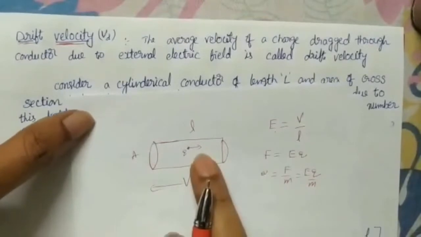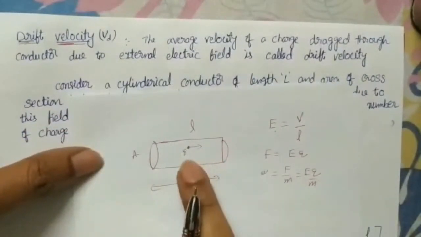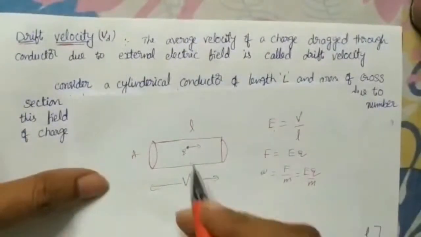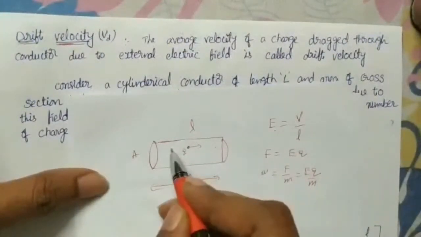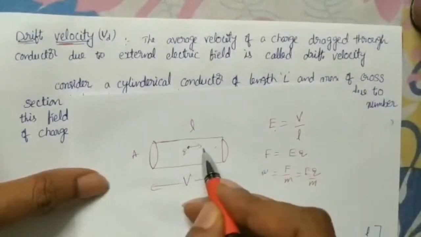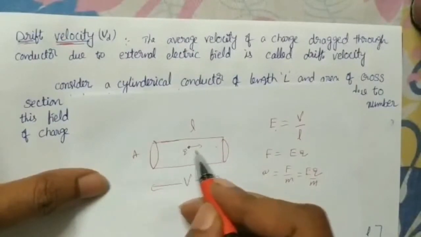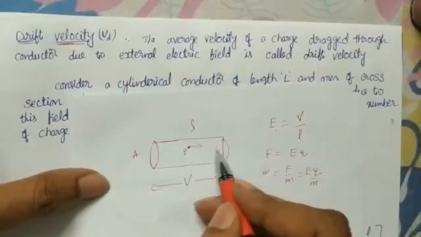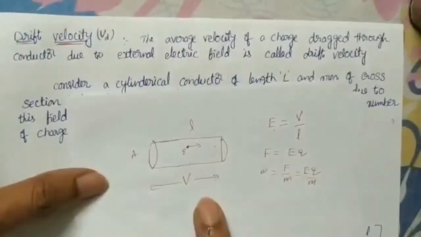That means every time, because of the field it is accelerating, and due to collision it loses energy. So on an average, with what speed is it moving? Of course, at any instant the velocities differ, but on average the velocity with which this charged particle moves through the conductor is what you call drift velocity.